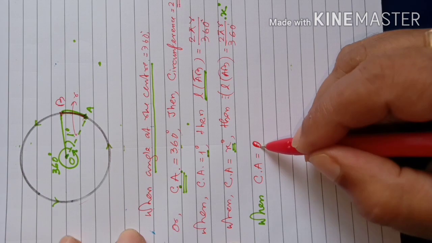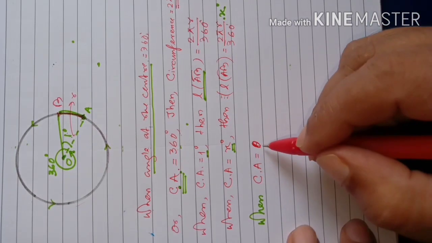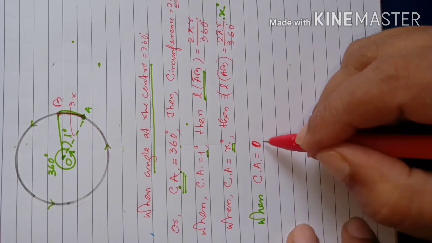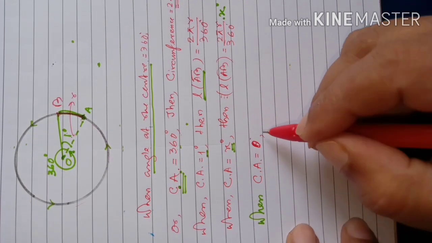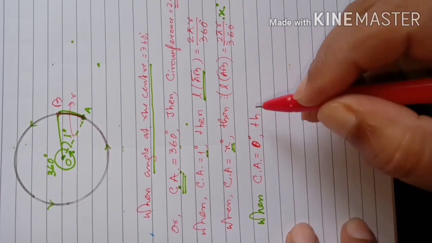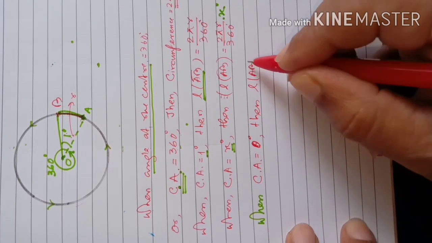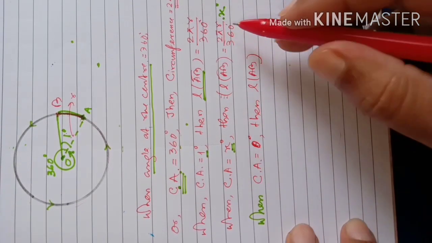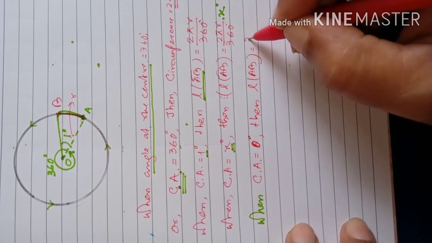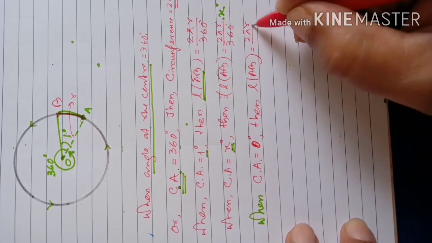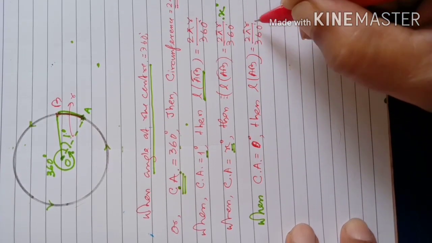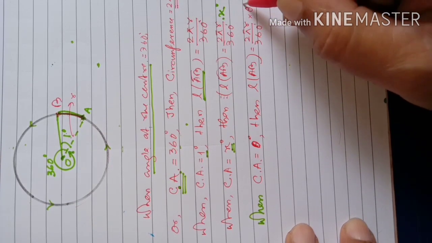Angles of a triangle, or just angles. Okay, theta. When central angle is theta degree, then length of the arc AB, just you replace the x by theta. What will it be? 2 pi r by 360 multiply by theta degree.